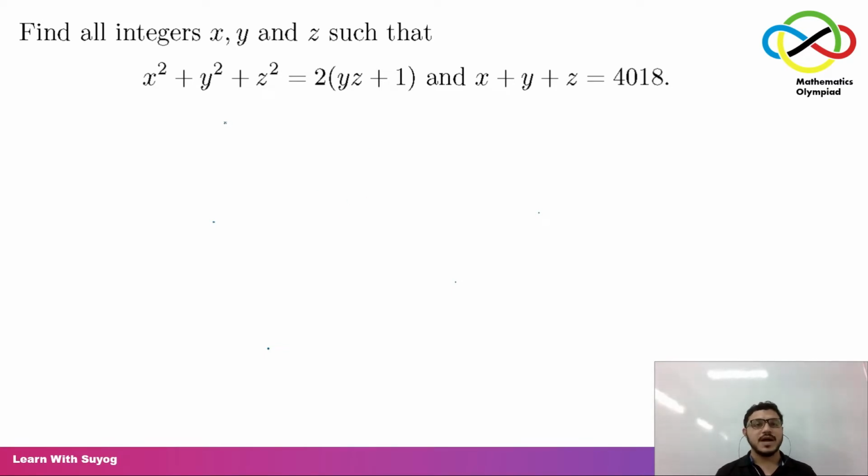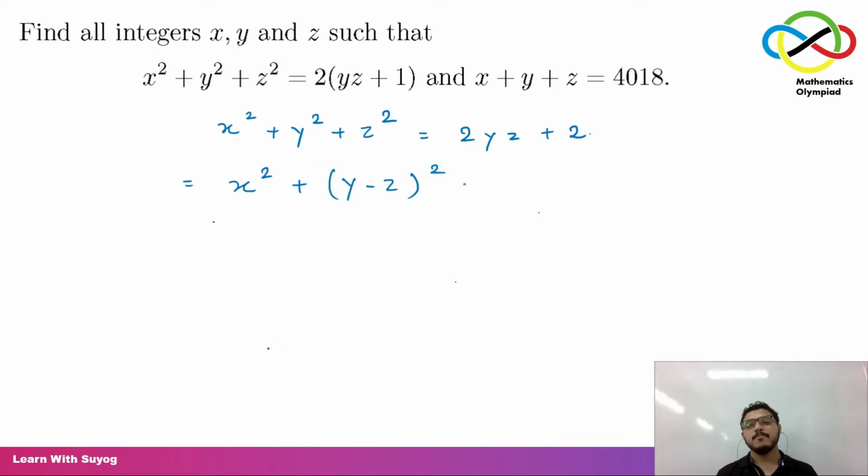So I can write x squared plus y squared plus z squared equal to 2yz plus 2. When we solve this, we get x squared plus y squared plus z squared minus 2yz, which is x squared plus (y minus z) whole squared, and this is equal to 2.